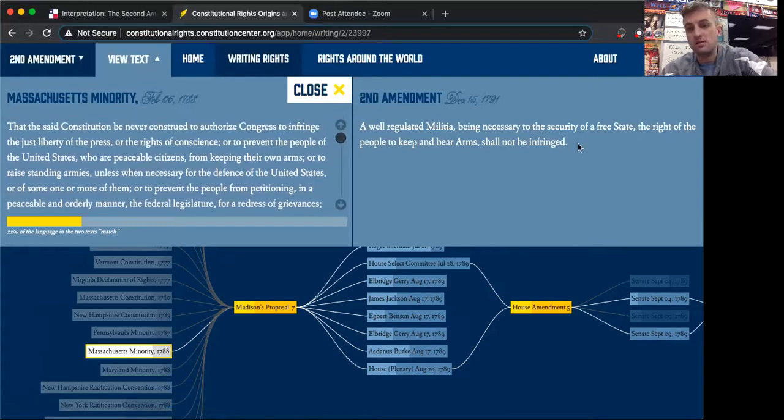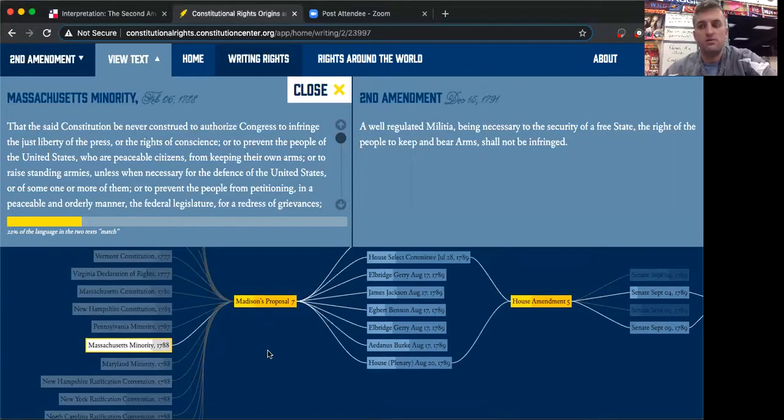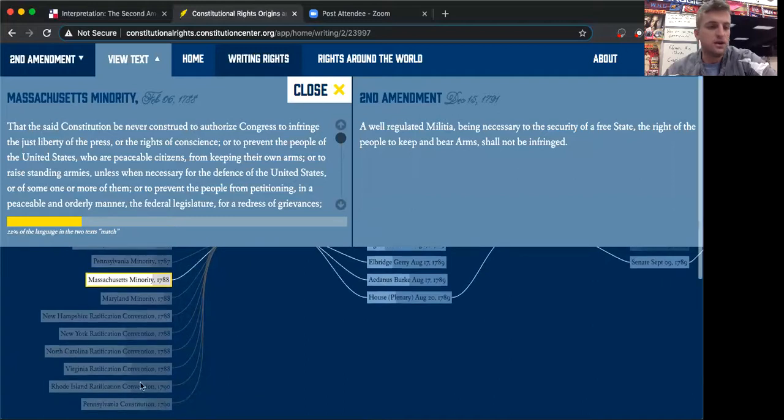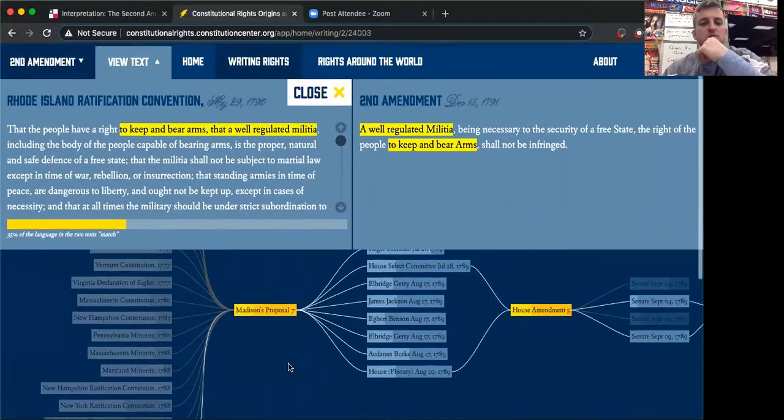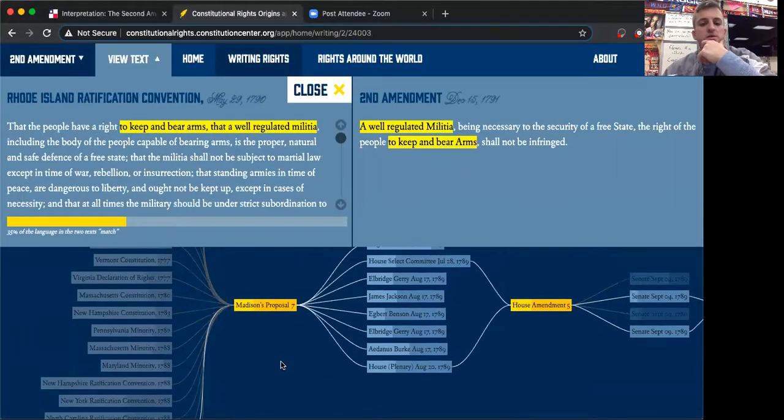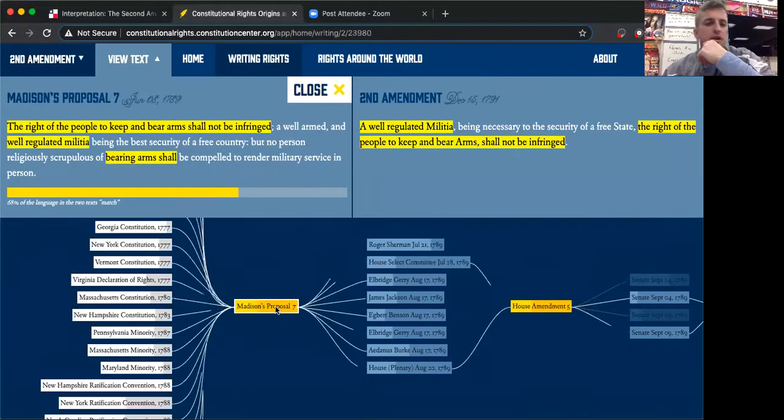So again, what you can do here is this little yellow line is saying 22% of the language in the two texts match. And what you'll see is just kind of the evolution of all of these little tiny parts of the Second Amendment from all of the states back to, like, James Madison said this.